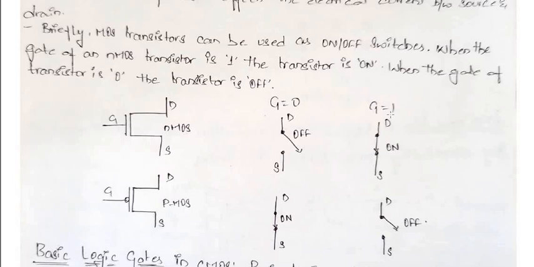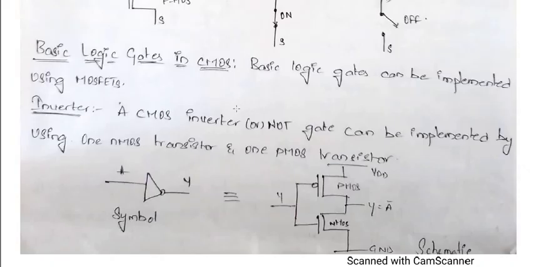And the next one is logic gates. So what are the basic logic gates that are used in CMOS? What are the three basic logic gates that you are going to use here? That is the inverter, the OR gate, and the third one is the AND gate. The three basic logic gates implemented using MOSFETs are the inverter, OR gate and AND gate. Without the inverter, no other component can be prepared.